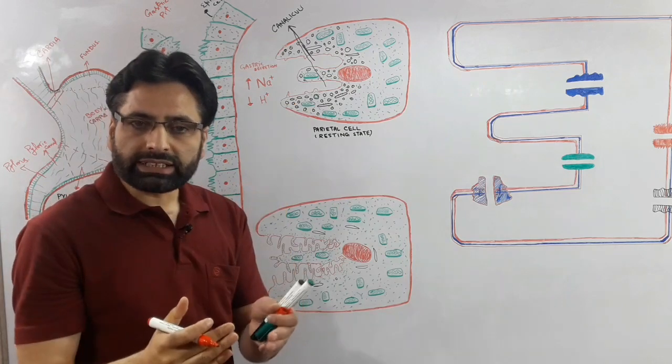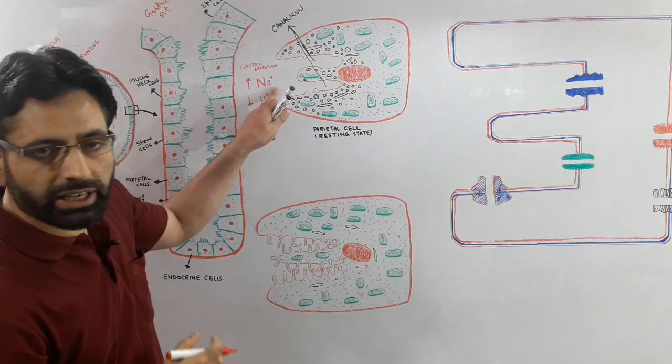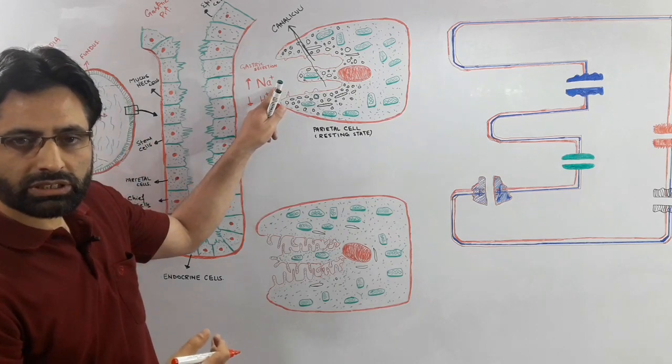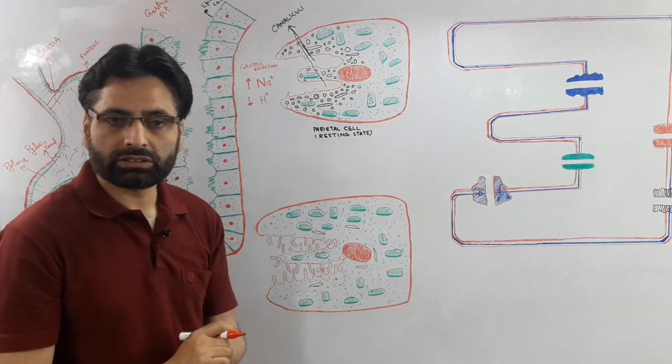That is, when the parietal cell is in the resting state, the gastric juice will have a higher level of sodium ions and a low level of protons or hydrogen ions.